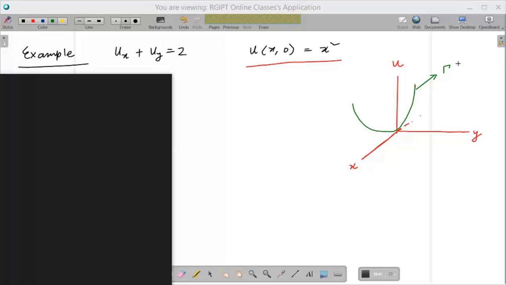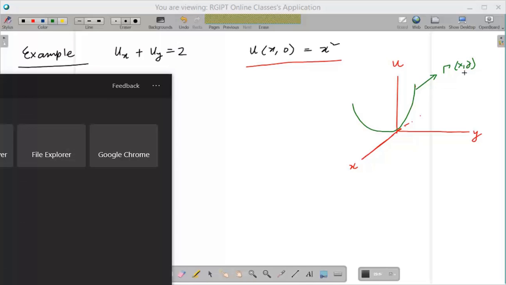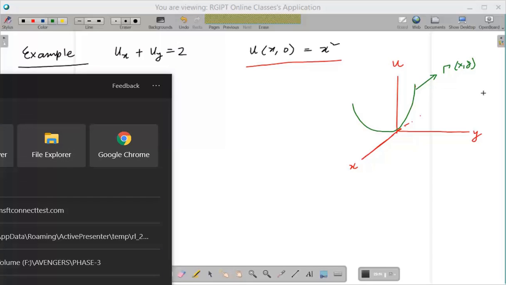Gamma of x, y. And remember, gamma is specified over a curve on the xy plane. The curve over which this gamma curve is specified is the x-axis itself. In general it may be some other curve, but here in this particular problem, the x-axis itself is where gamma is specified.